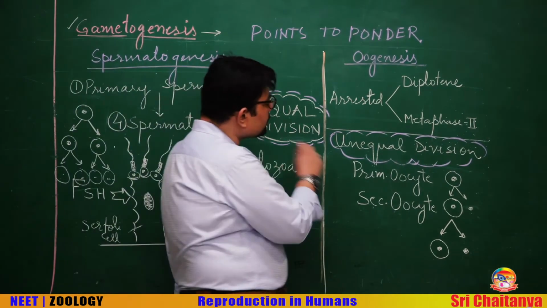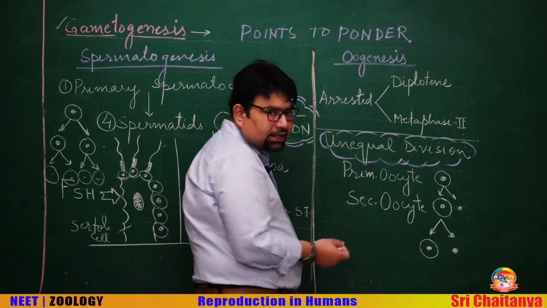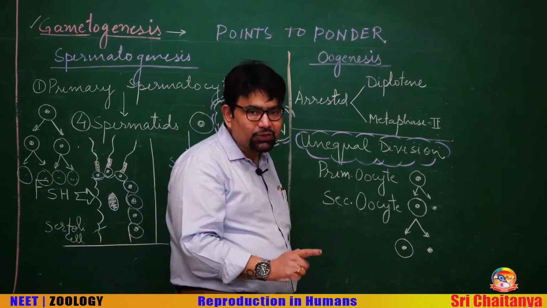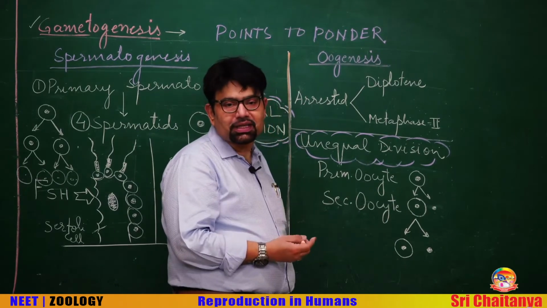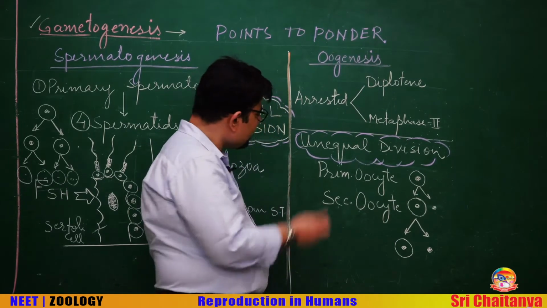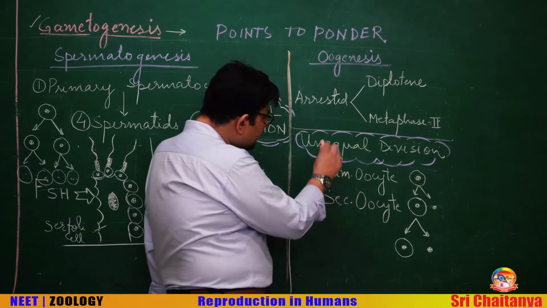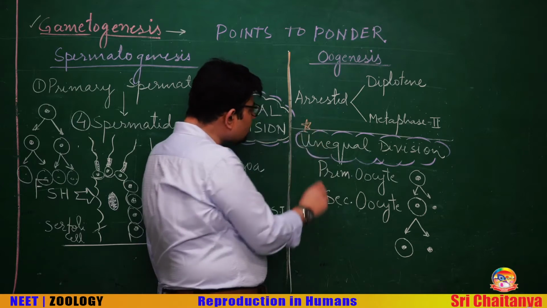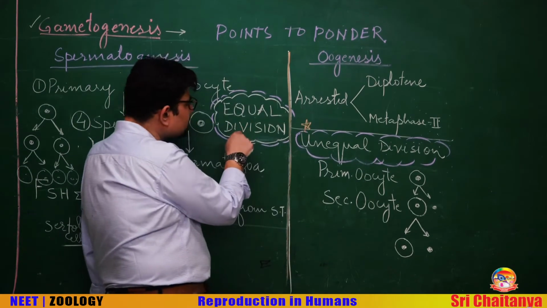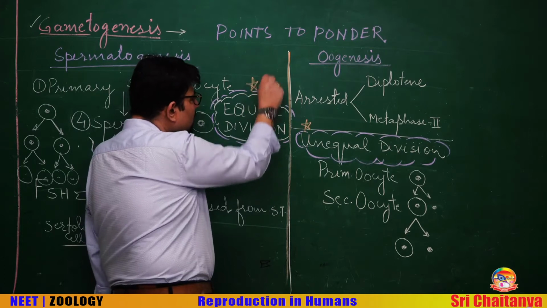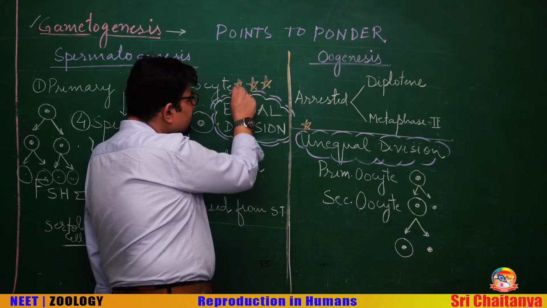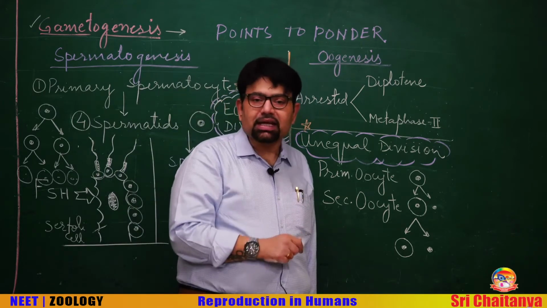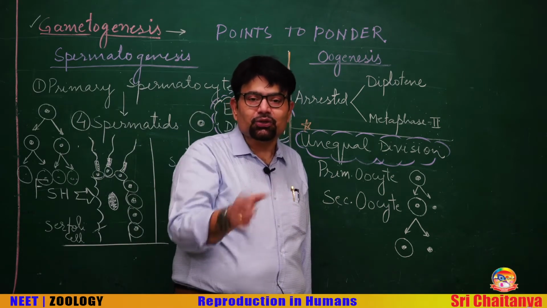Whereas in oogenesis it is not like that. In oogenesis, one primary oocyte gives rise to only one secondary oocyte. Why is it so? Remember, in oogenesis the division is called unequal, and in spermatogenesis the division is called equal, because just now you have seen that 2 equal secondary spermatocytes are formed, and each secondary spermatocyte gives rise to 2 equal spermatids.